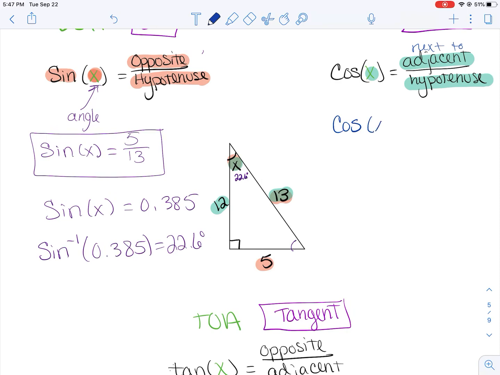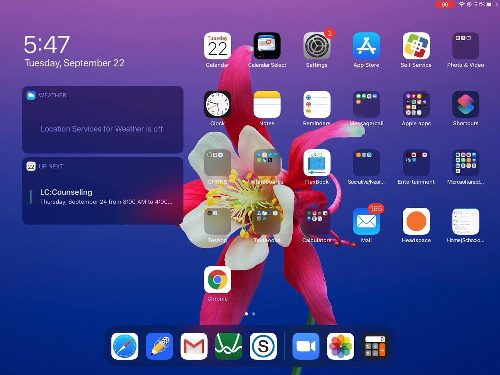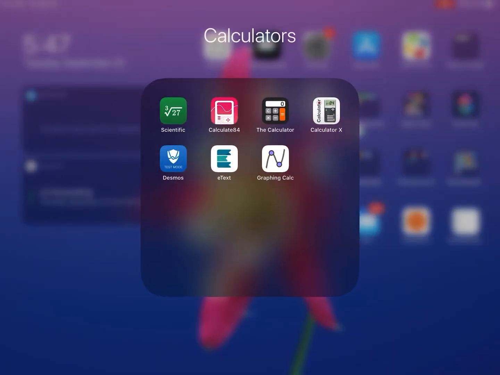So when I'm setting up the function for cosine, it would be the cosine of x, that's my angle I'm referencing, and then the side adjacent to angle x is 12, and the hypotenuse is going to be 13. Okay, so again, if I wanted to know what is angle x, we're using the inverse function, inputting 12/13, and it gives us x, right?